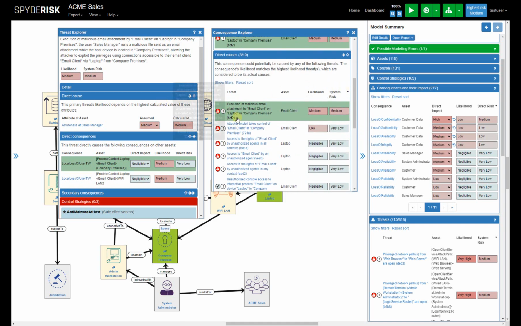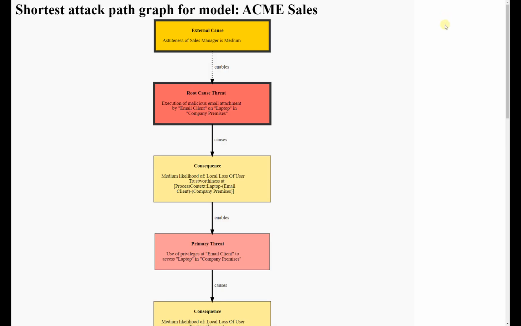And you can click around, and it's quite easy to get lost. But we've added in a functionality where we can show the shortest path or paths through the system that cause your biggest problem.